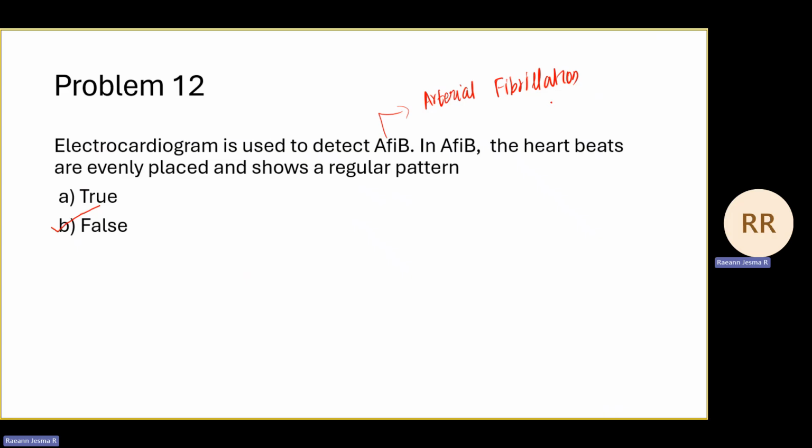It won't be a regular pattern that repeats at periodic intervals of time. So the correct answer for problem 12 is that the heartbeats are not evenly spaced and they do not show a regular pattern. So option B is correct, which is false.